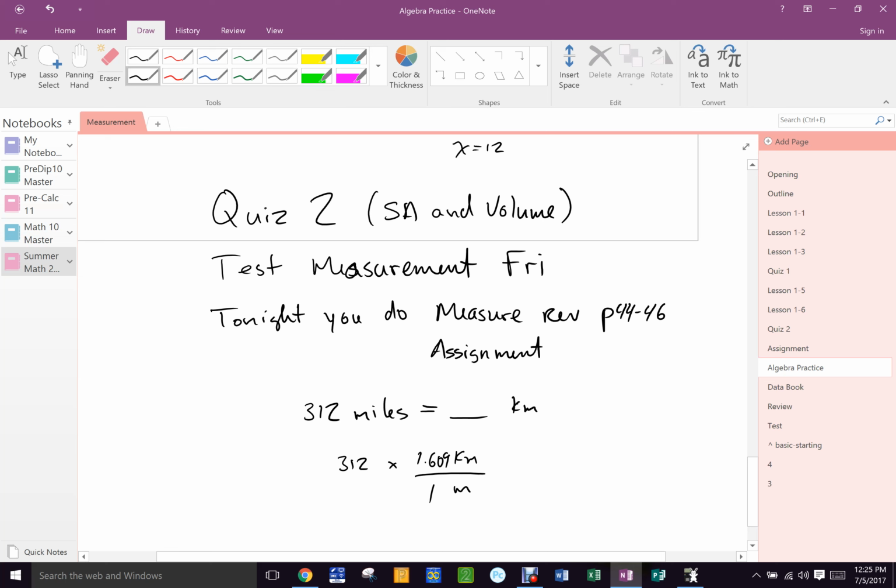You got to write that. But then I don't expect you to do 312 times 1.609. You can do the actual work with your calculator. You understand what I'm saying? Show me what you would do, and then use your calculator to find the actual answer. Everybody good? That's what I expect on page 44 for 1 through 9. Okay? Okay. Who's going first?